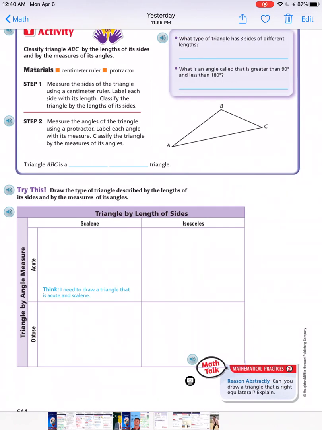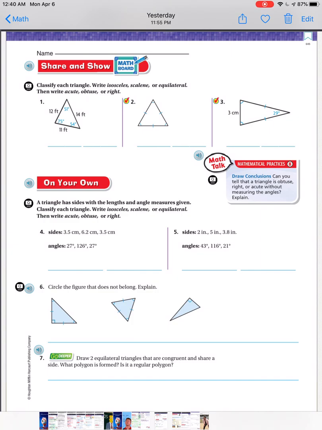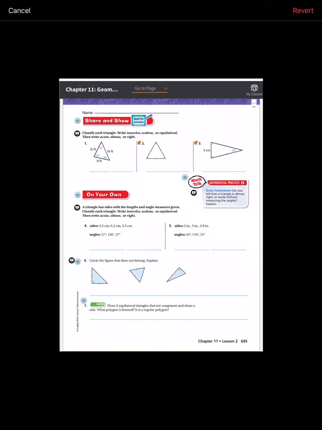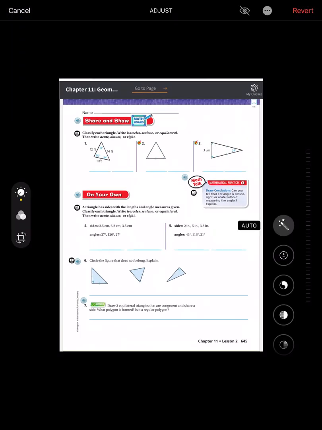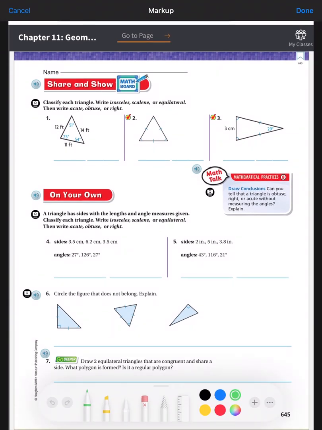I'm going to the next page here. I think we're going to this page with the share and show and the on your own, because it has some really good situations we can look at. Got to get that markup pen. Yeah, we're going to go with red this time.